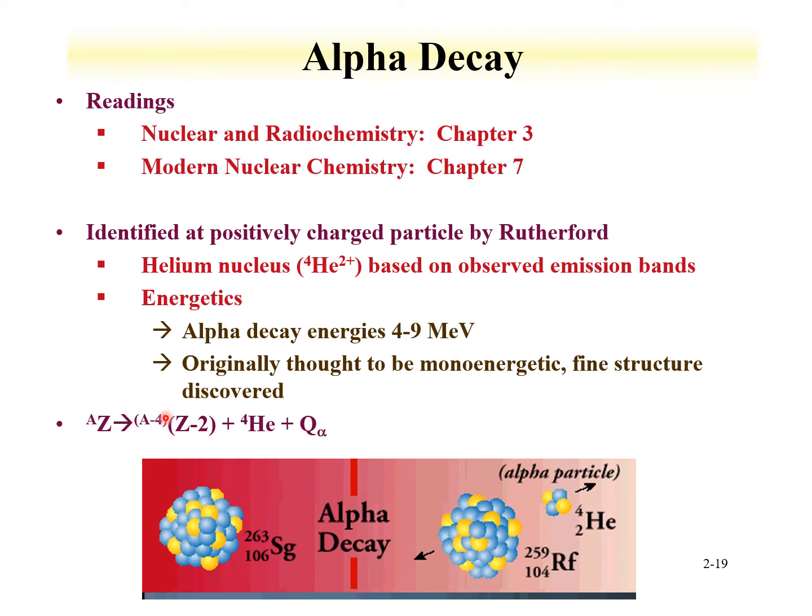The A reduces by 4, so it goes from 263 to 259. And there's a helium nucleus that's also emitted as the alpha particle. The energy, this Q value, we're going to find is really the sum of the alpha energy and the recoiling nucleus energy. And as we have already discussed, the Q value can be found through calculations or databases.